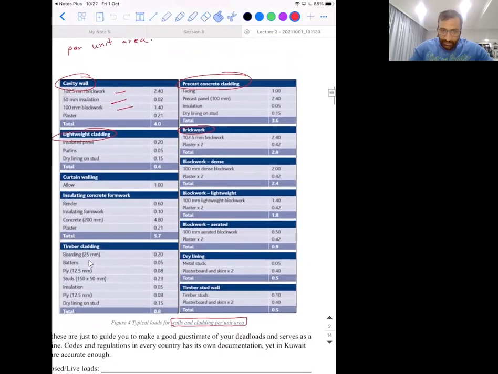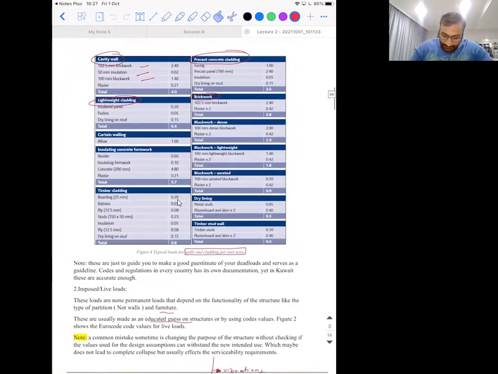بعد خلينا نشوف هذول. These are typical loads for walls and cladding per unit area. Walls and cladding أشياء اللي تتركب على واجهة المبنى. The facade basically of the building. Cavity wall, lightweight cladding, insulation, the walls outside, timber cladding, precast concrete cladding, brickwork, all that jazz.